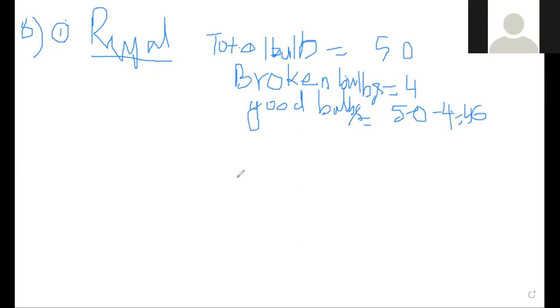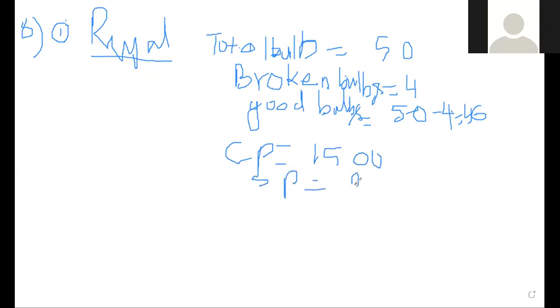Now what is the CP of 50 bulbs? 1,500. CP is given there. We are asked to find SP, right?